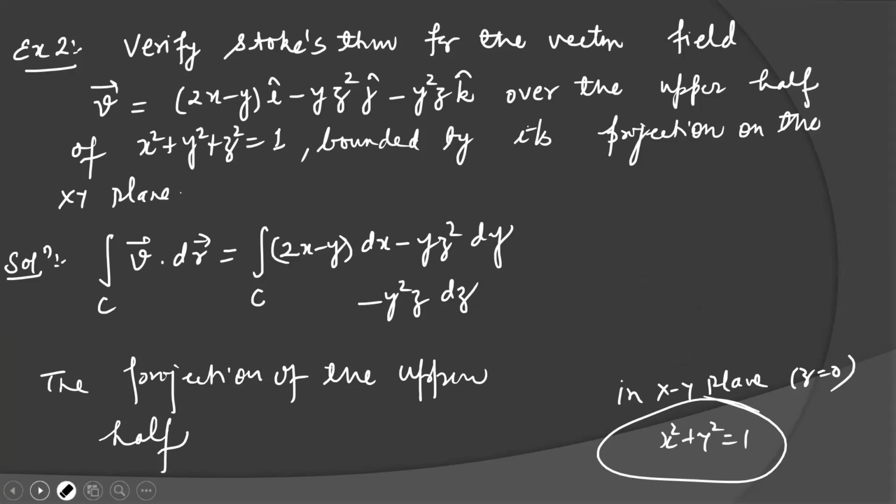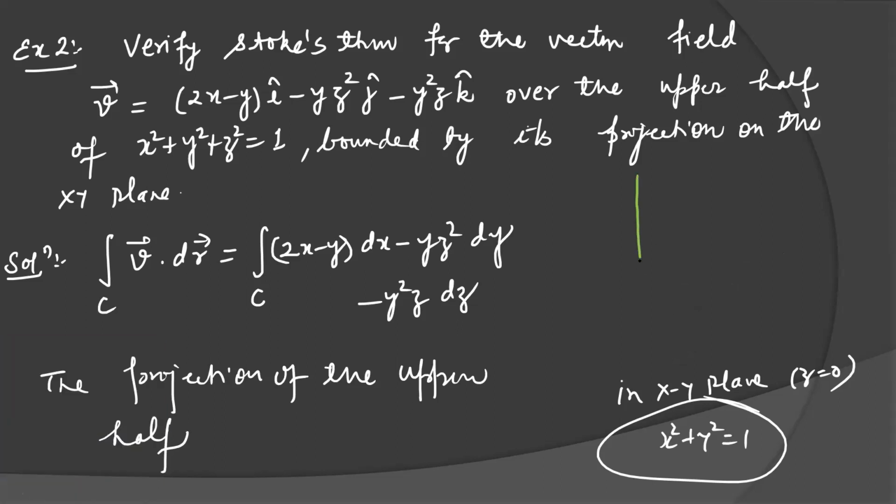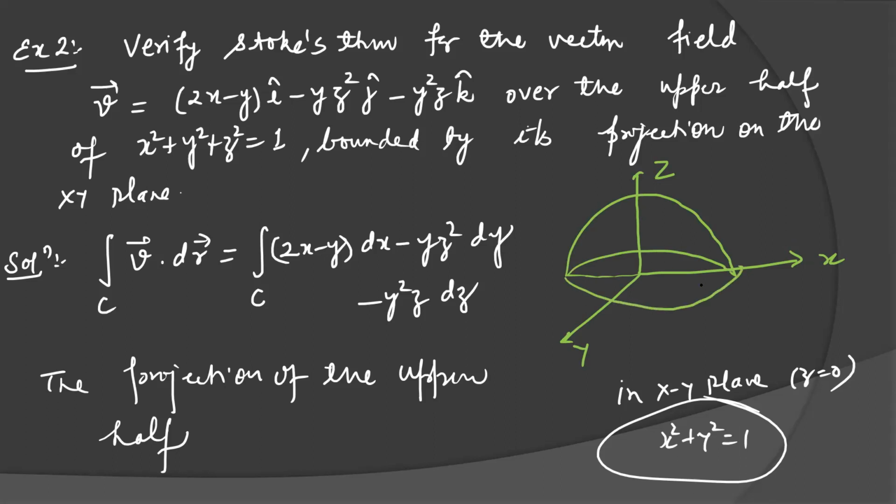Upper half of the sphere is given actually. It is given like this. This is your x-axis, this is your z-axis, this is your y-axis. And this is the upper half of the sphere, and its projection in the xy plane is actually a circle. This is a circle in the xy plane.